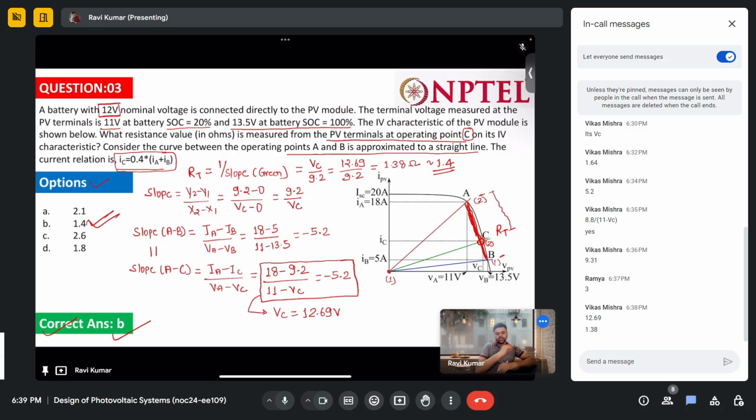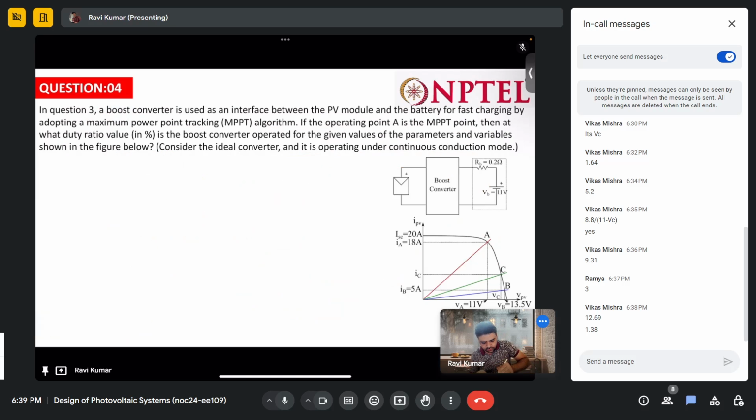Okay. Let's move to the next question, which says: in the last question, a boost converter is used as an interface, as shown here, between the PV module and the battery for fast charging by adopting a maximum power point tracking algorithm. If the operating point A is the MPPT point, then at what duty value is the boost converter operated for the given values of the parameters and variables shown in the figure?